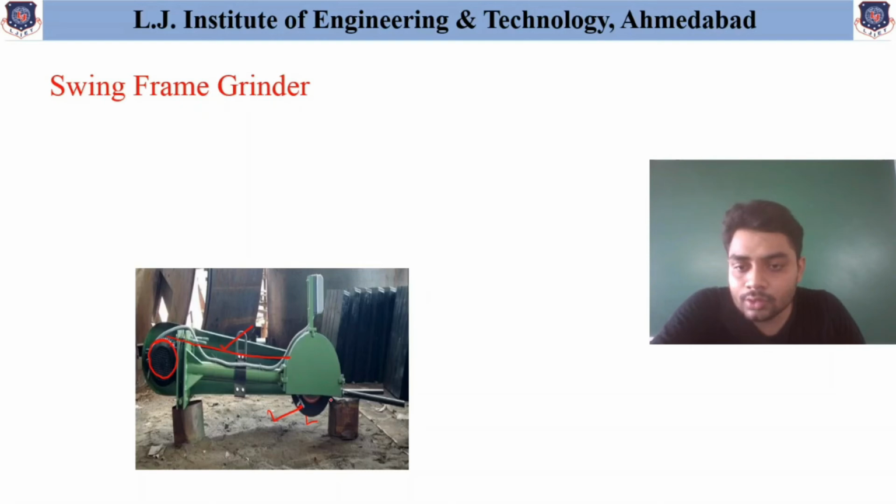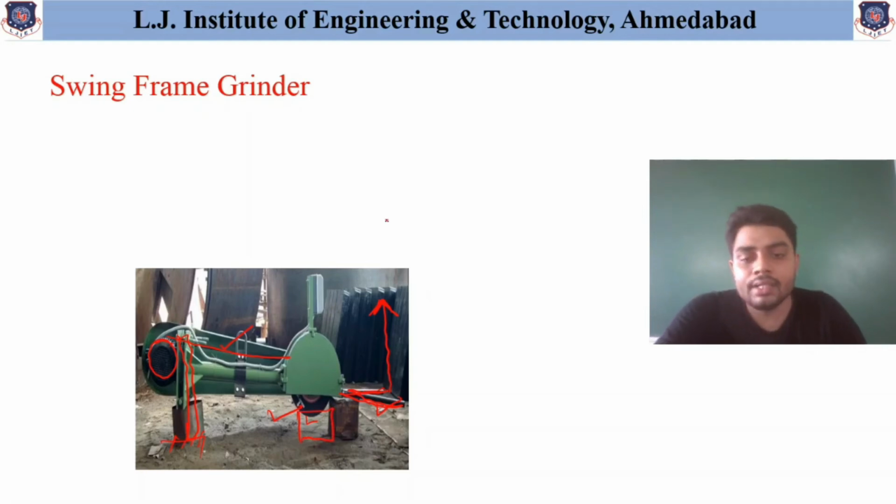Now how does this machine operate? Simply, as you can see over here, the hinge joint is provided and it is fixed to the bottom side. As you can see here, support is provided for holding. The operator lifts this from this particular part and the workpiece is set below over here.